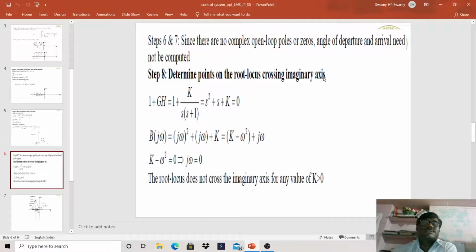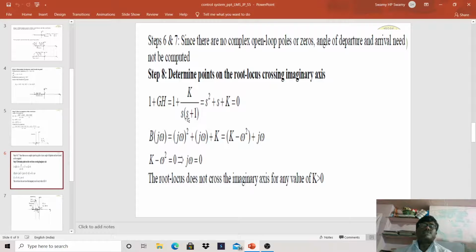To find the points of crossing of the imaginary axis, take 1 plus G of s into H of s is equal to 1 plus the given transfer function, k divided by s into s plus 1. H of s is unity feedback, so it is equal to 1 and need not be written here.